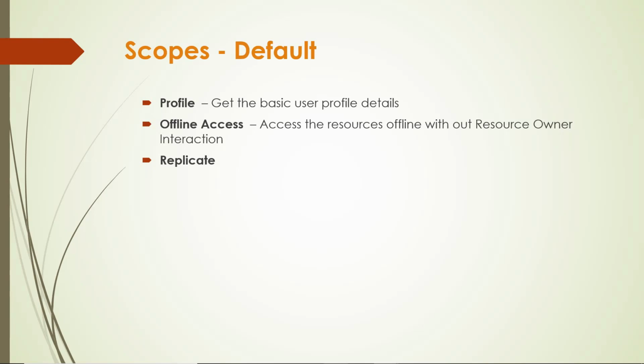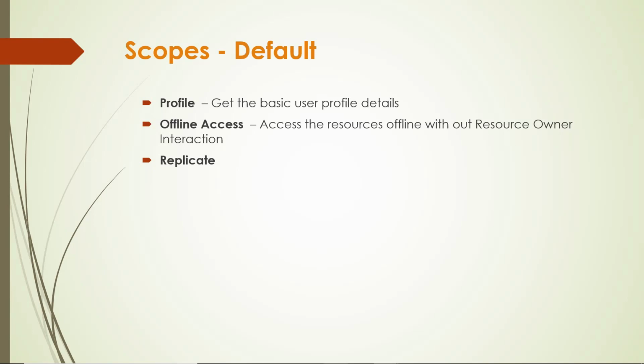Let's say some client needs the basic profile data of a customer. The customer has to authorize, obviously, with the first flow, the authorization code flow, or even the refresh token flow. But once he authorizes, using that access token the client can retrieve the profile data. So this scope is used for that, and it is an inbuilt scope from AEM.